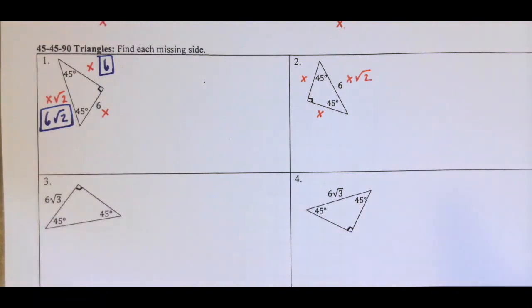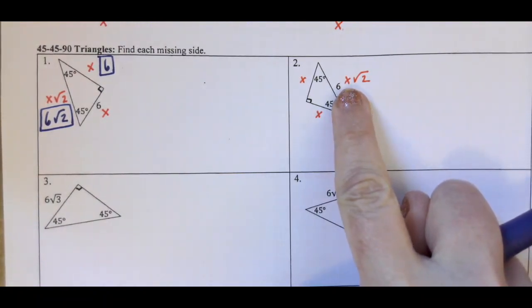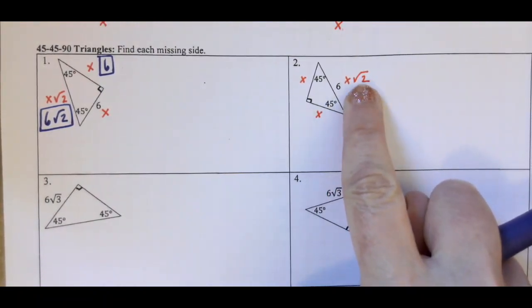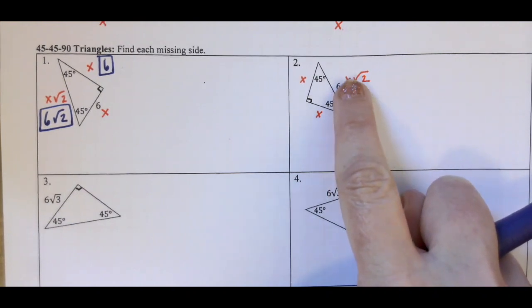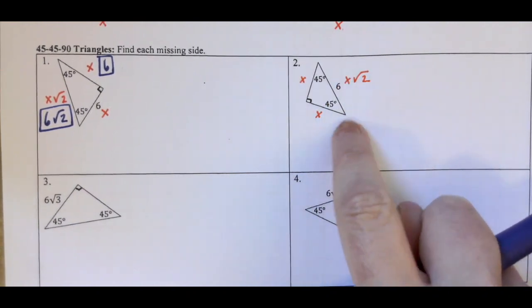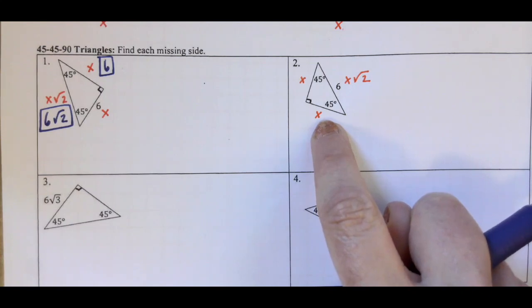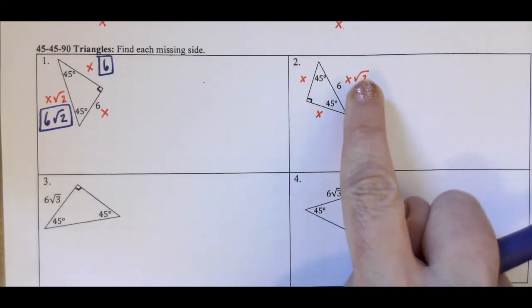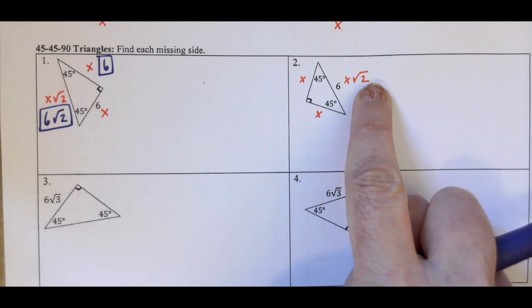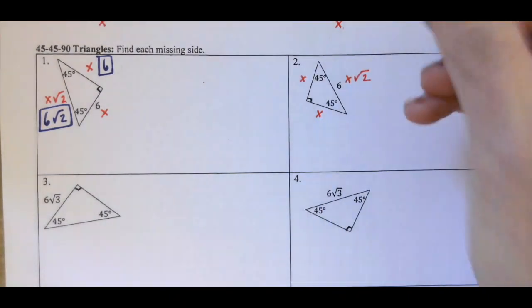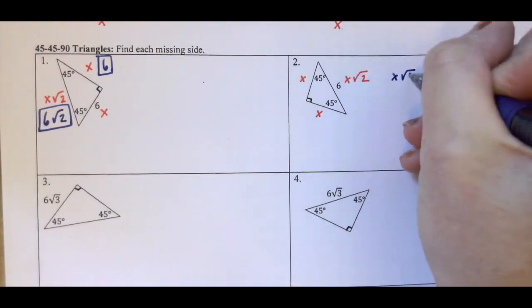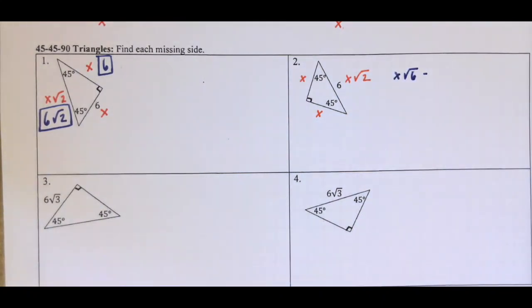Okay, and if I look at this next one, I'm giving you the hypotenuse is 6. That's our x root 2 side. So I know to go from here to here, I really have to divide by root 2 and then rationalize. Sometimes it's easier to think of, well, this x root 2 side is equal to 6. Make an equation and then solve. Oh, x root 2 equals 6.